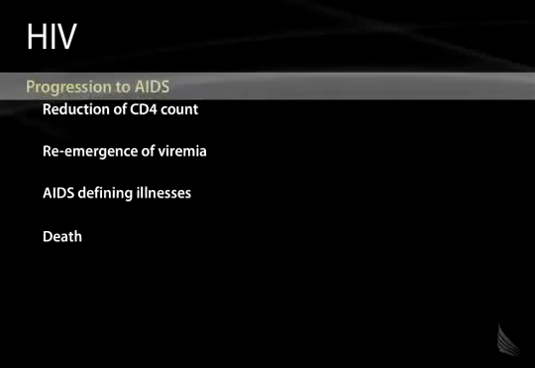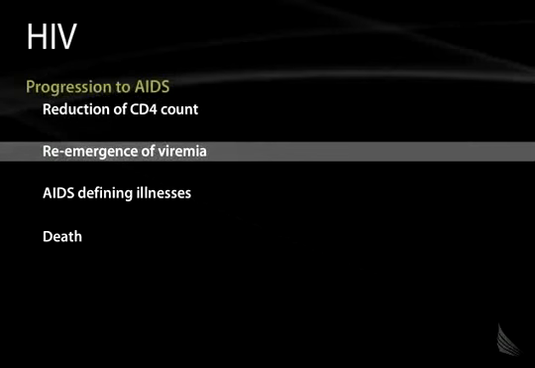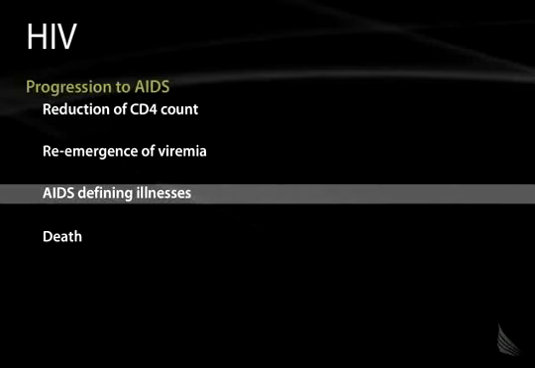The progression to AIDS is due to the increased reduction of the CD4 count, again with the definition of AIDS being, one of them, a patient who's HIV positive and has a CD4 count that dips below 200. Viremia reemerges, and the patient begins to develop some of the AIDS-defining illnesses.